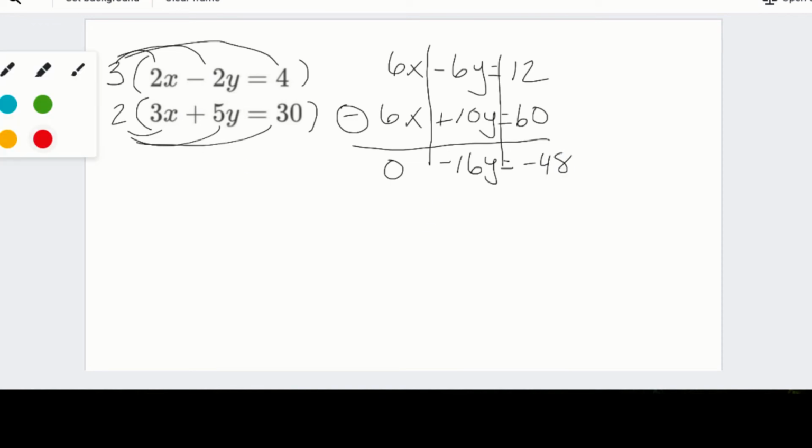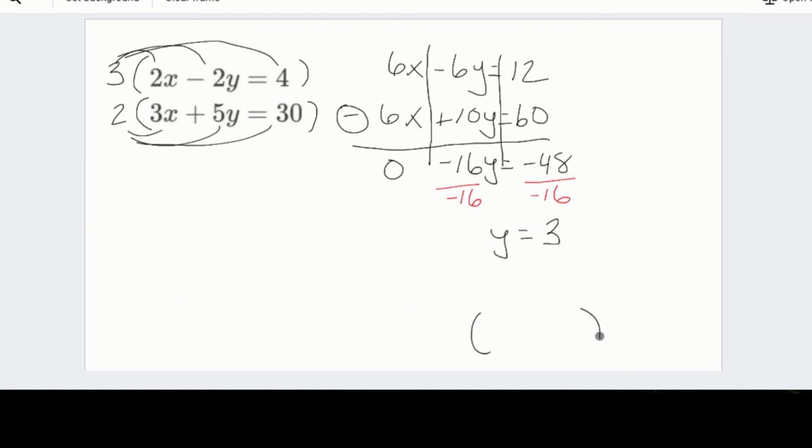So again, there's only one step here, to divide by the negative 16. Y is 3. Again, don't be afraid to use a calculator in this. You don't want the arithmetic to be the reason that you get the algebra wrong.